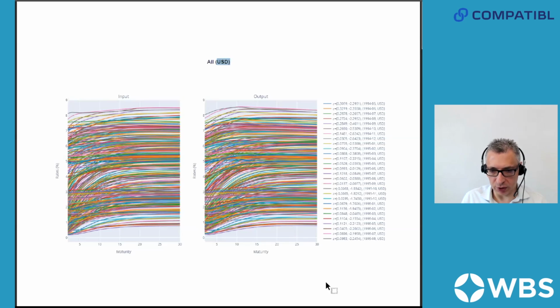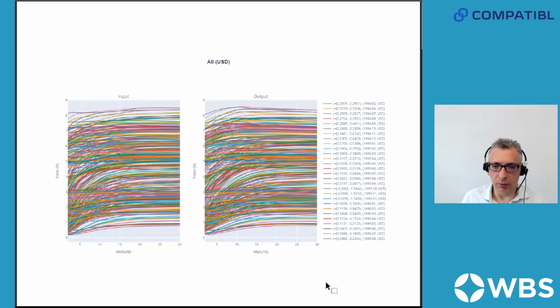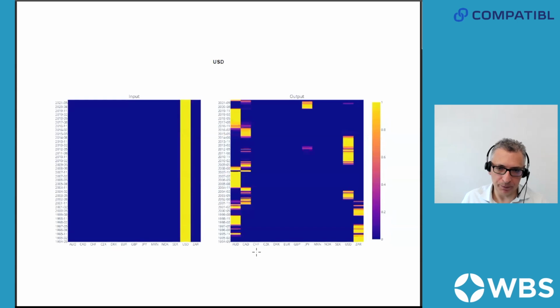They look close enough, just like the digits look close enough, and better than you can do with the same number of parameters without the Autoencoder by trying to guess a parametric form. This is what happens when you go around the ellipse of two standard deviations. Essentially, this is a set of curves you obtain by traveling around the perimeter of the ellipse that encloses 95% of the data. It's a very useful way to see exactly what shapes are there.